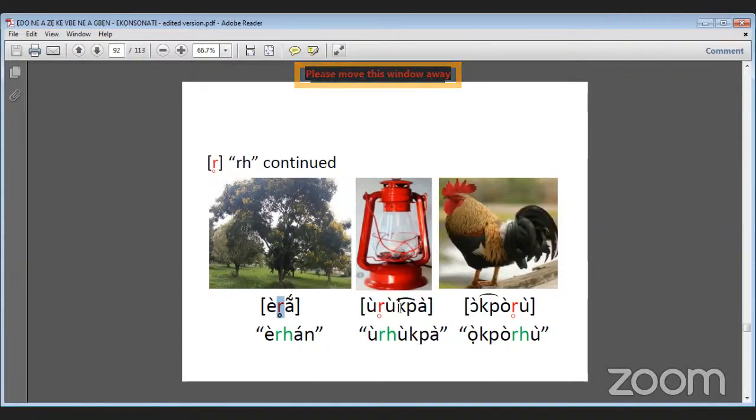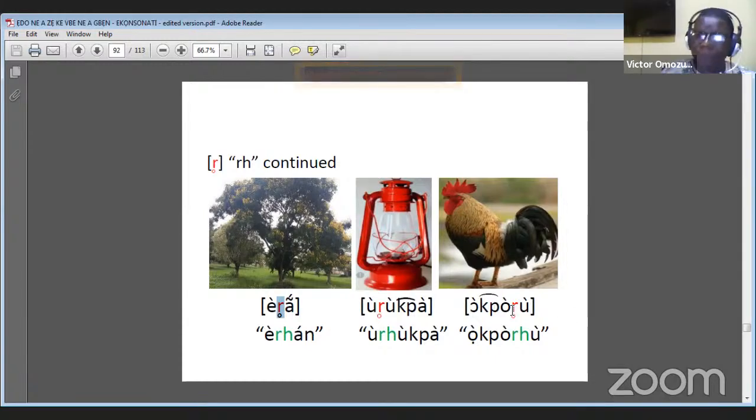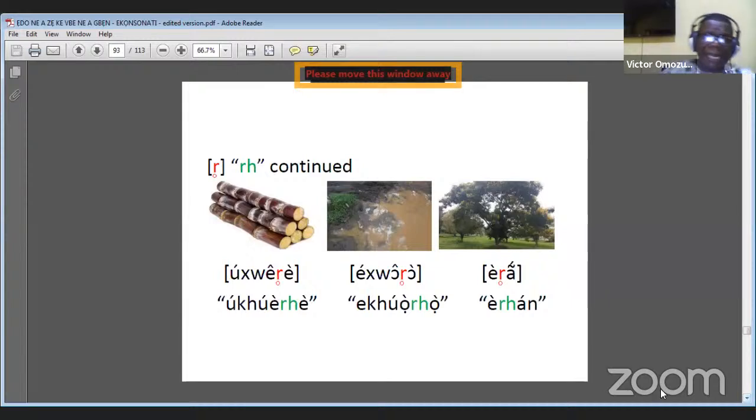Urukpa. That's the second word here. Okporu. Excuse me. Let me continue. Then Ukwere. You see the glide formation again is occurring here. It's a very common feature in Edo.